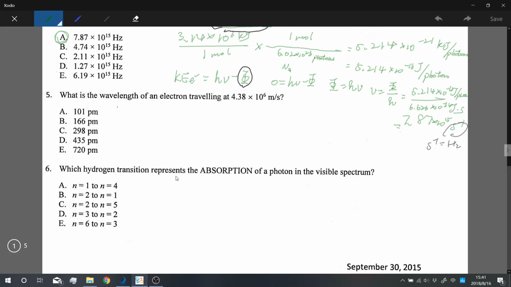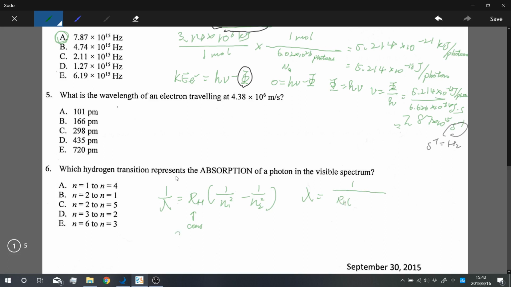If you remember from your formula sheet, your almighty formula sheet, there's a formula that says 1/λ equals R_H, which is a constant, times 1/n1 squared minus 1/n2 squared. Then if we do some math manipulation, we get something like this.